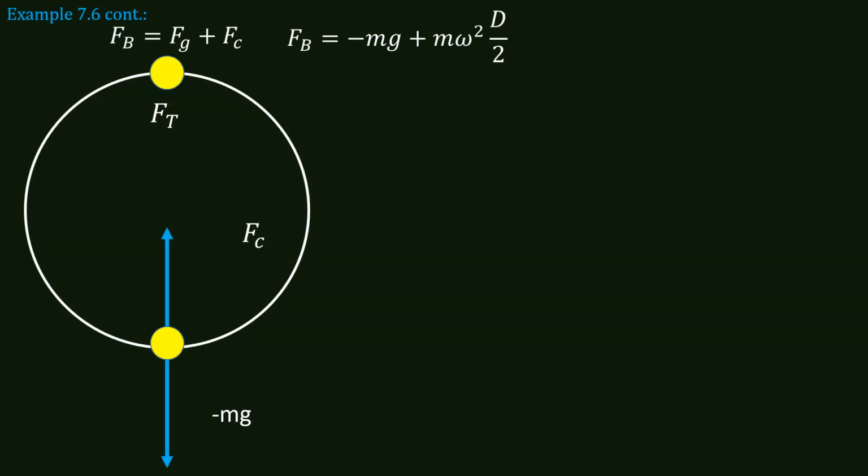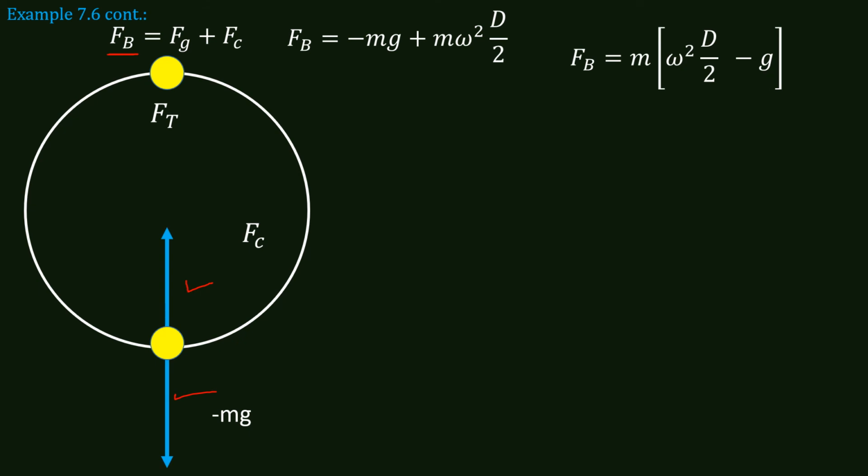Okay, so let's take what's happening here. On the bottom right here, we have the force due to gravity plus the force due to centripetal force. Okay, so the gravity is going to be negative right here, and centripetal force will be positive. So basically we're summing all the forces acting at the bottom.